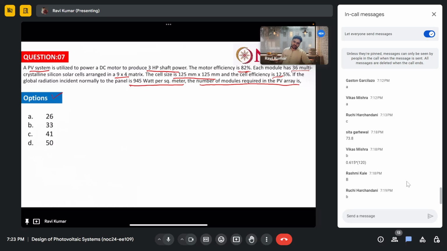The motor requirement is given. You need to match the things and need to find out the number of modules you need. If you need any hint, any formula, let me know.